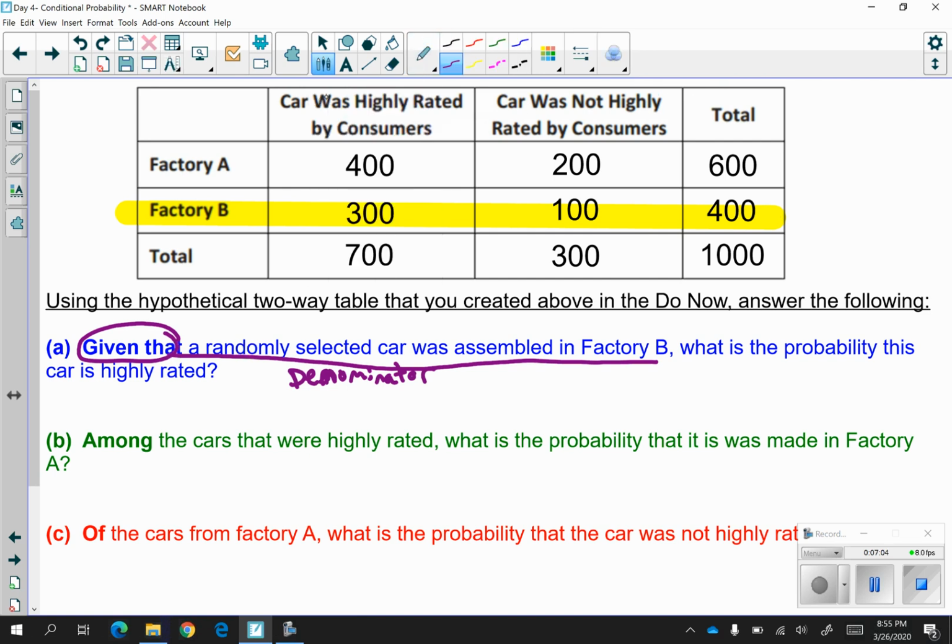And I'm only looking at that column. I'm not looking anywhere else. So in this particular column, there were 300 highly rated cars out of the 400 total. So the probability is 300 out of 400. Let's try another.